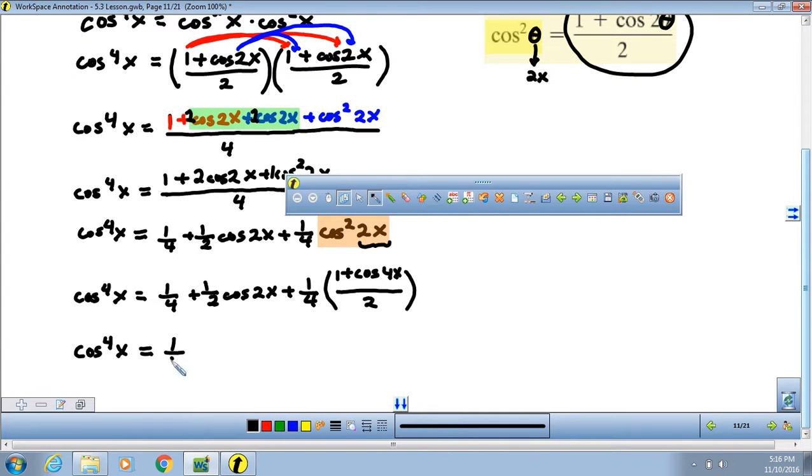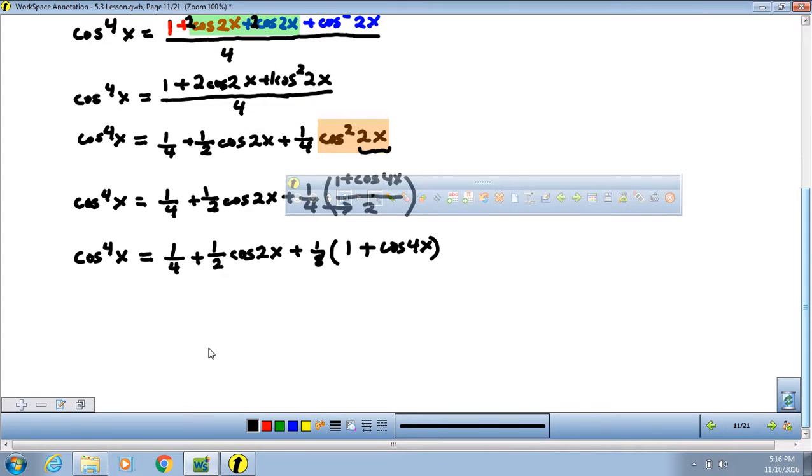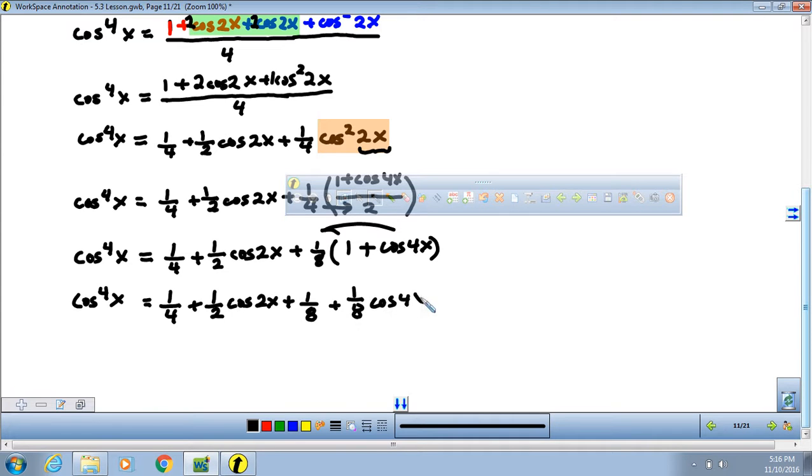So that's going to be 1/4 plus 1/2 cosine of 2x plus, you multiply this one by 4, so 1/8 times 1 plus cosine of 4x. If you distribute the 1/8, you get 1/4 plus 1/2 cosine of 2x plus 1/8 plus 1/8 times cosine of 4x.